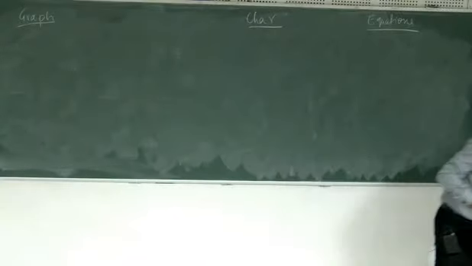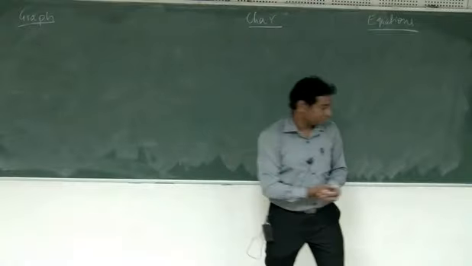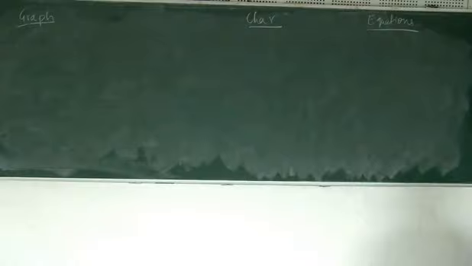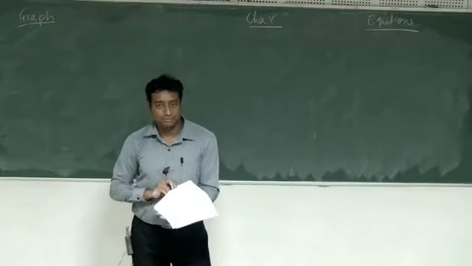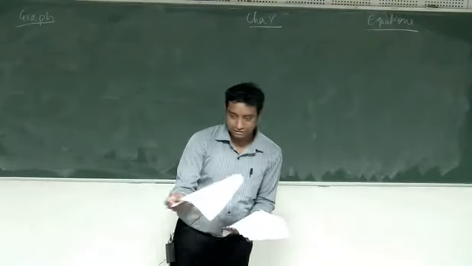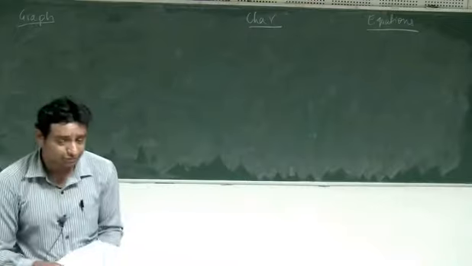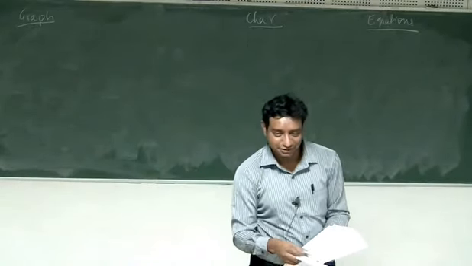To save some time and for convenience, I have made one exercise sheet. This is not an exam, so don't worry. I'll just distribute this. What I suggest is each one takes one, but one is for rough work and the other is the final one that you will submit to me.